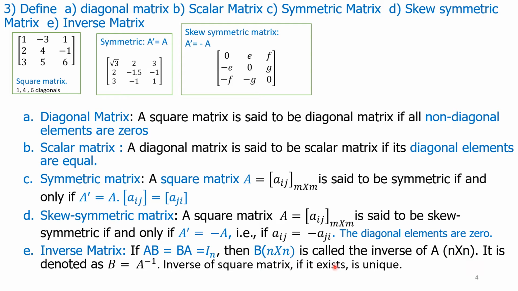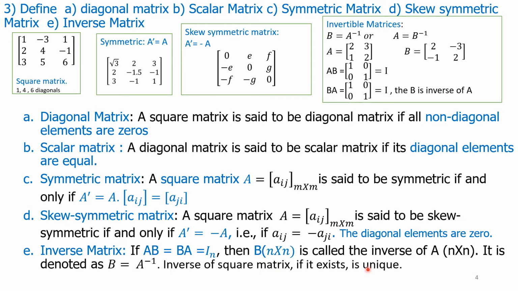It is denoted by B equal to A to the power of minus 1. The inverse of a square matrix, if it exists, is unique. Please see the example above, an invertible matrix. That is, B should be equal to A to the power of minus 1, or A should be equal to B to the power of minus 1.